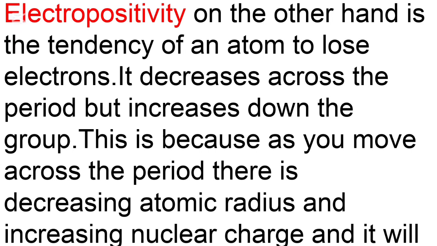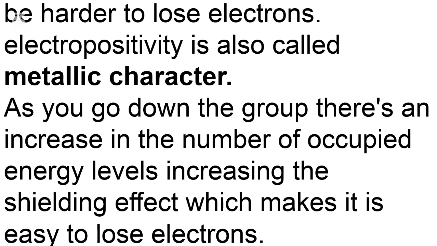Electropositivity, on the other hand, is the tendency of an atom to lose electrons. It decreases across the period but increases down the group. The reason for this is because as you move across the period, there is decreasing atomic radius and increasing nuclear charge, and it will be harder to lose electrons.